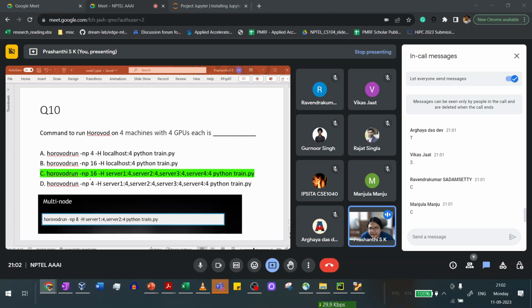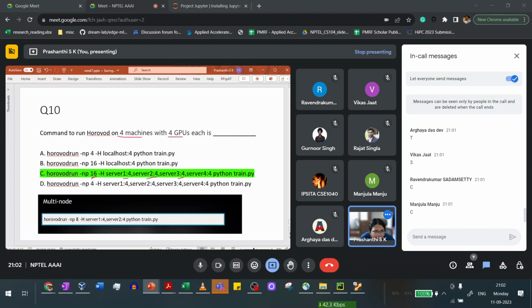It is C, right? And if you remember the details about Horovod, it spins a process to one GPU and then it uses a separate process, right? So here you have 4 machines with 4 GPUs each. So overall you would need number of processes 16, and on each of these machines you're asking it to use all 4 GPUs.